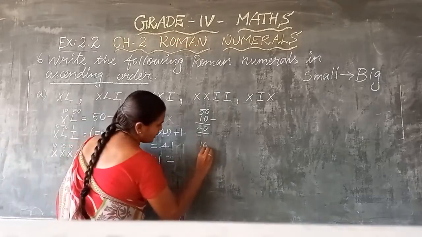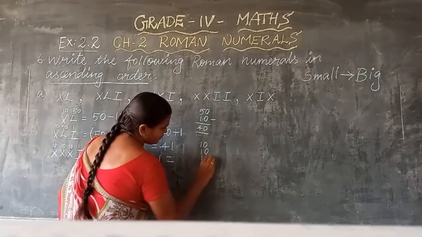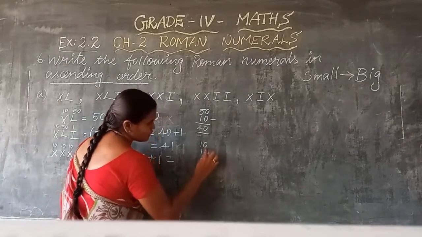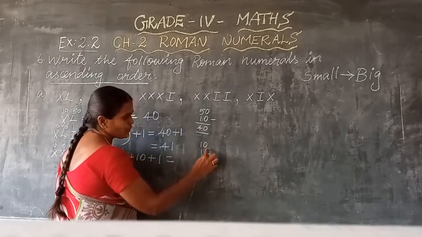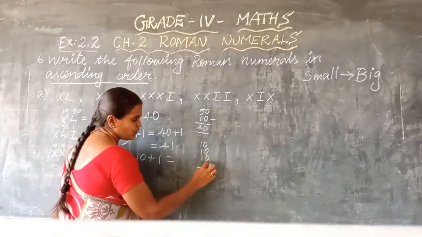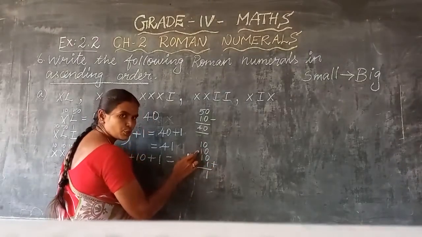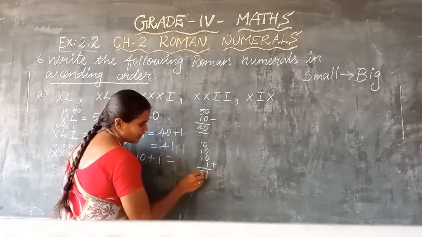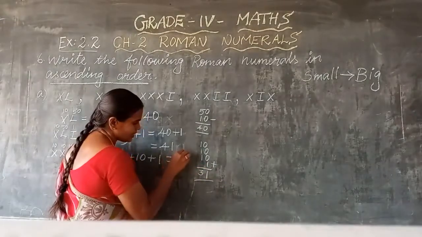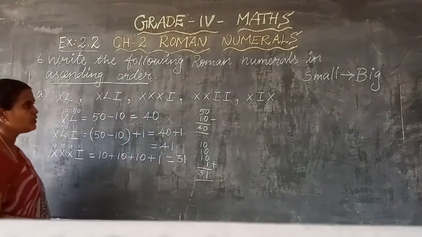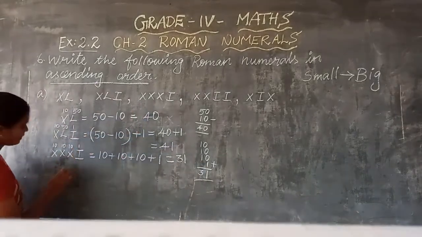So you write the numbers 10, 10, 10, 1. 0 plus 0, 0. 0 plus 0, 0. 0 plus 1, 1. 1 plus 1, 2. 2 plus 1, 3. So we get answer 31. Okay. Next one.